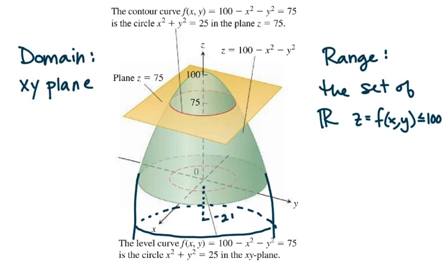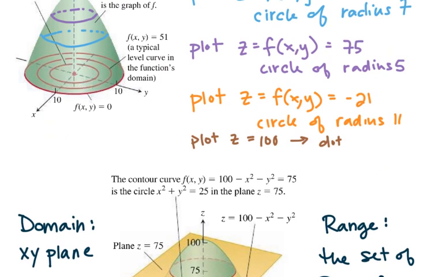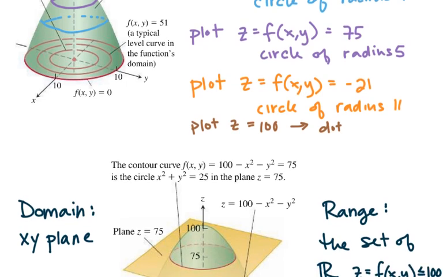All right, so we've done 3 examples in this video. We graphed a hemisphere. We just kind of did that by thinking about it. We graphed a plane by finding the intercept. And then we graphed this elliptical paraboloid by thinking about level versus contour curves. And just to reiterate, the level curves, these guys right here, occur in the xy plane, okay? So all of the level curves are in the xy plane, existing for the domain of the function.